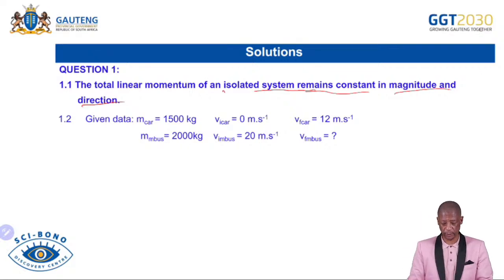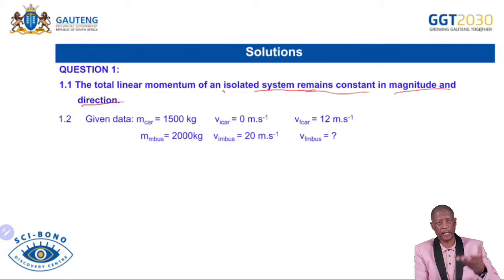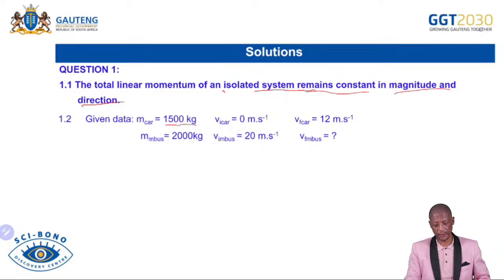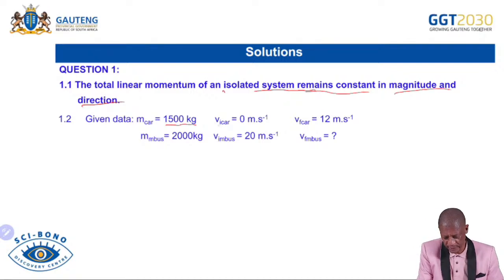Now, number 2, or 1.2, we need to do a calculation. I'm just giving you data that we are going to use. We've got the car and a minibus, so we can differentiate between them. The mass of the car is given as 1,500. The initial velocity of the car, because it was stationary, is 0 meters per second.